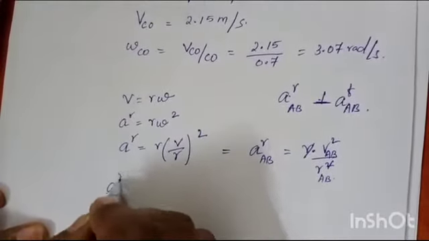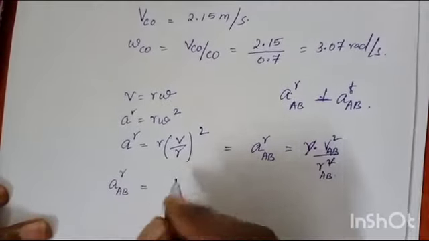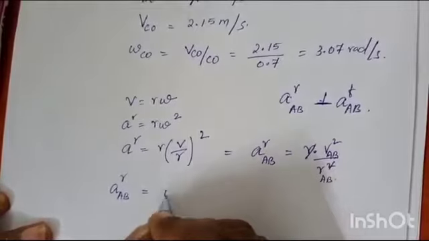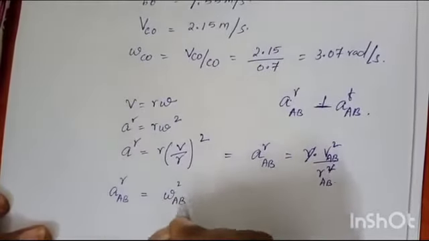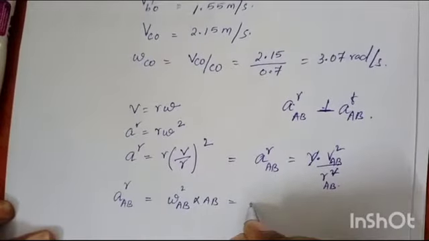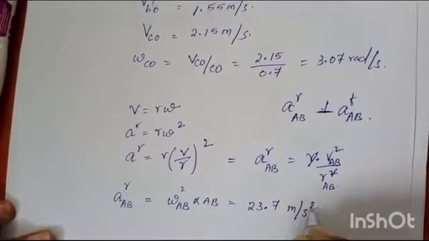So now AR AB, the crank radial acceleration, I can find from this. I have omega square AB directly into AB, so you can find it with any of the formulas. So I may get 23.7 meter per second square.